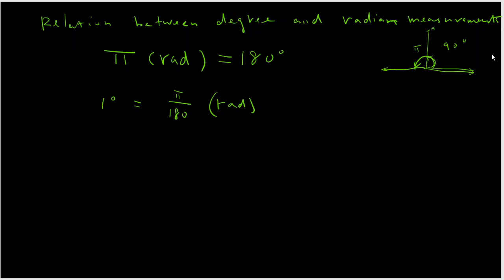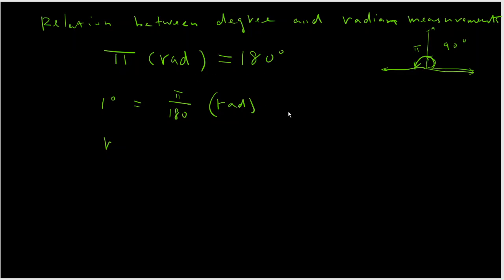And likewise, if you want to represent 1 radian in terms of degrees, you can do this. Again, you look at the top equation and divide both sides of the equation by pi. On the left hand side, you are going to have 1 radian.